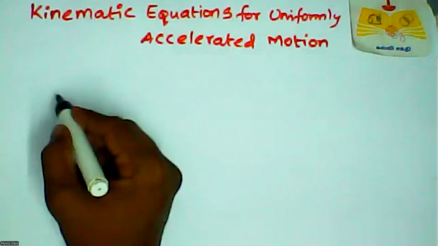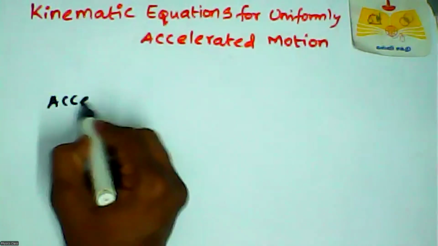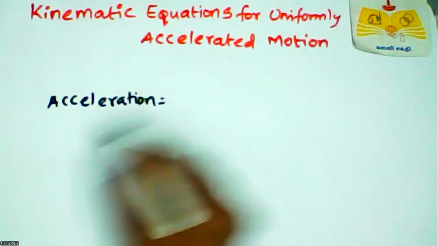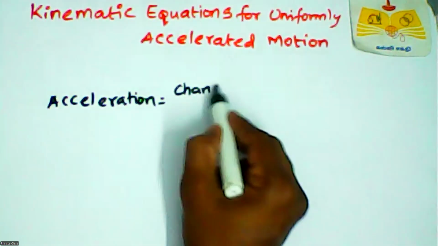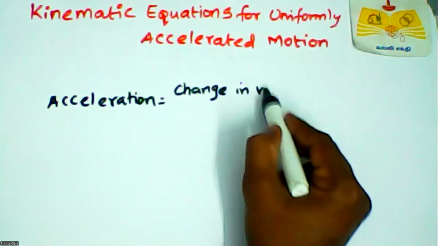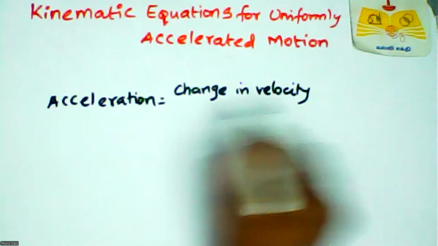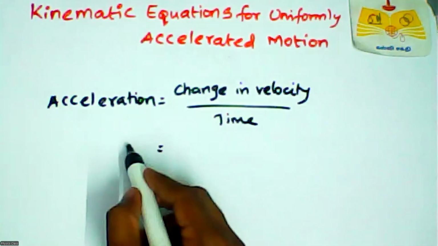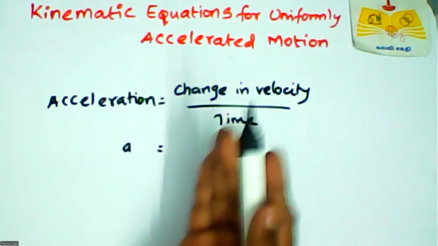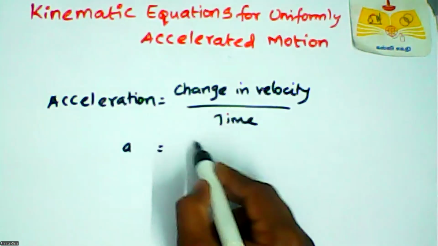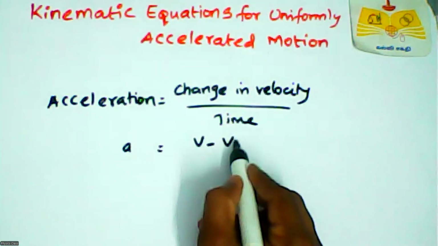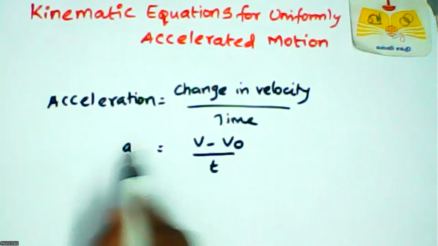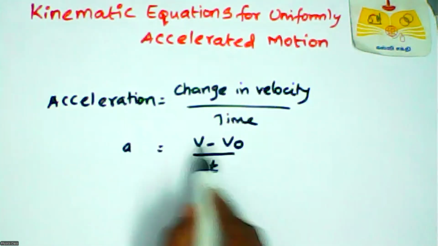Now we can recall acceleration. Acceleration means change in velocity by time. Is it correct? Already I told you that change in velocity means final velocity minus initial velocity. Final means V, initial means V naught, by time. So a is equal to V minus V naught by t.